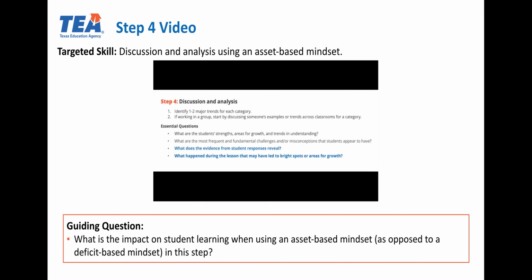Once trends have been identified, you will consider what teacher actions and classroom conditions may have led to specific trends. This will create additional avenues for the types of data-based, grade-level appropriate adjustments that we will discuss in step 5.